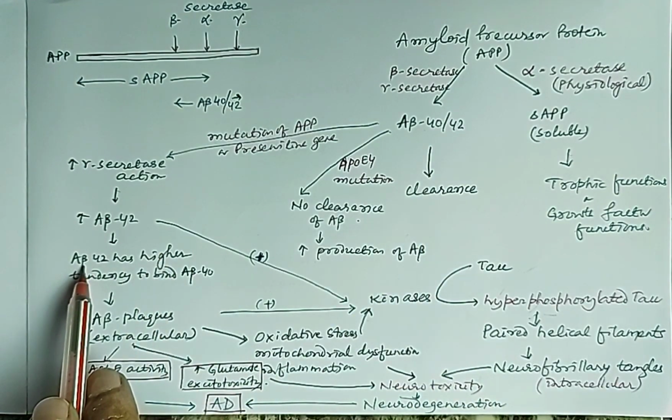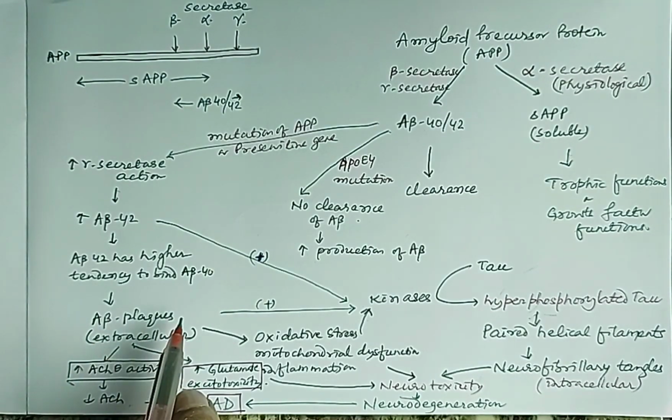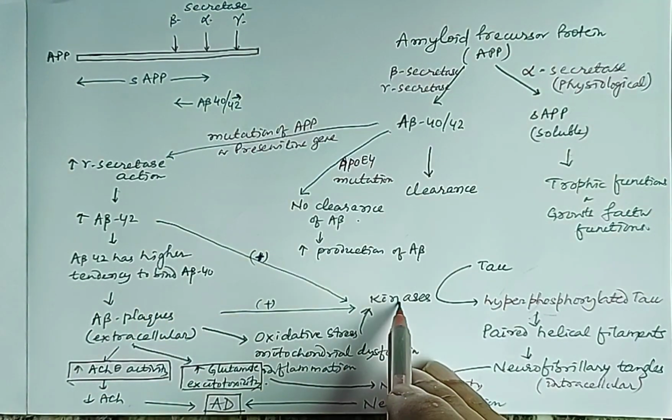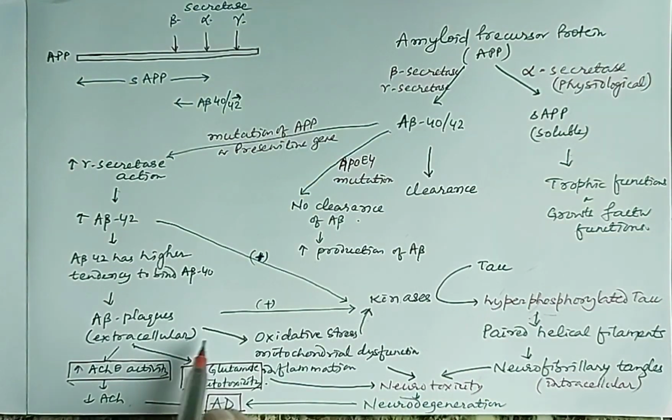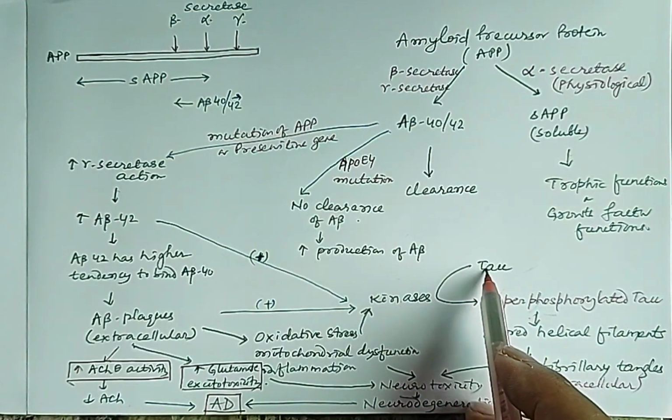So amyloid beta 42 and amyloid beta 40 together form amyloid beta plaques, which are deposited extracellularly, and these amyloid beta plaques can activate the kinases, can cause oxidative stress, mitochondrial dysfunction, inflammation, which ultimately lead to neurotoxicity. And by activating the kinases, these kinases phosphorylate tau.